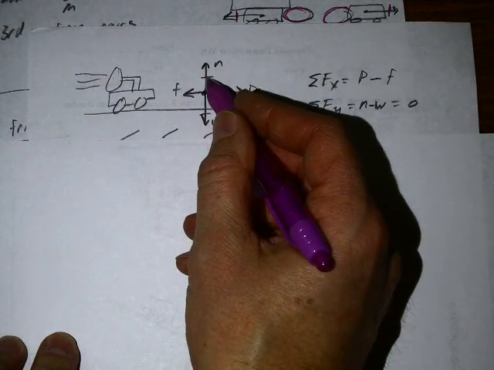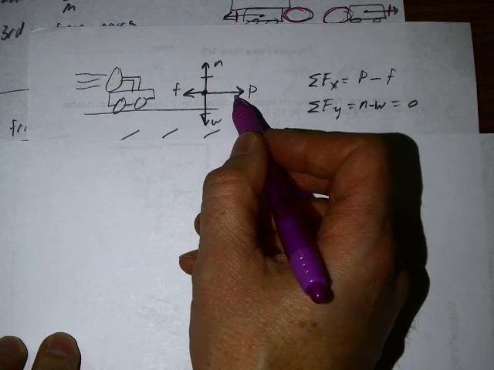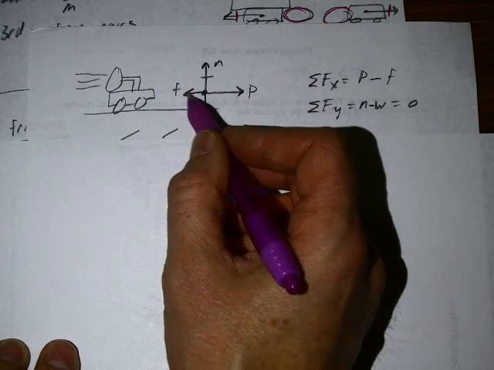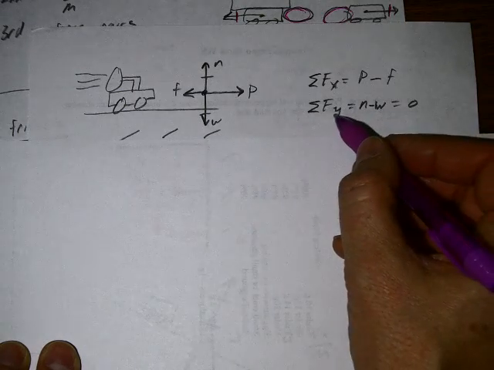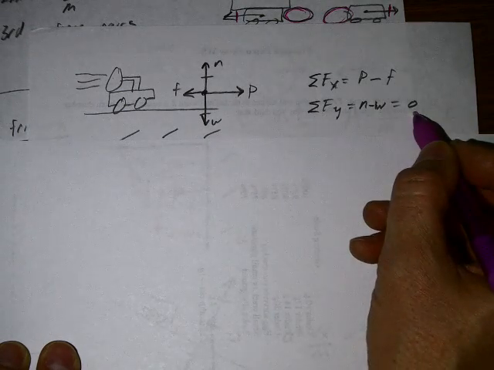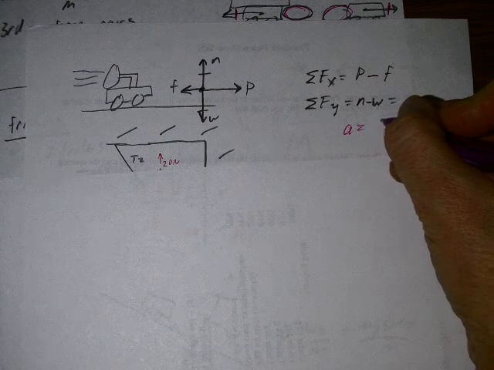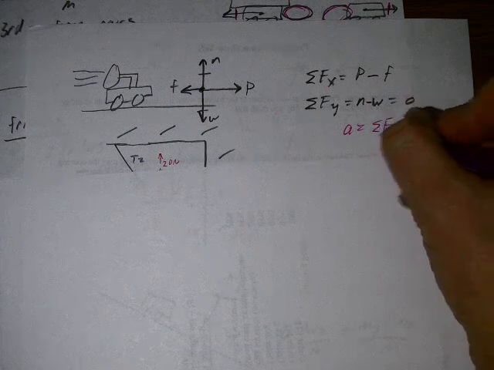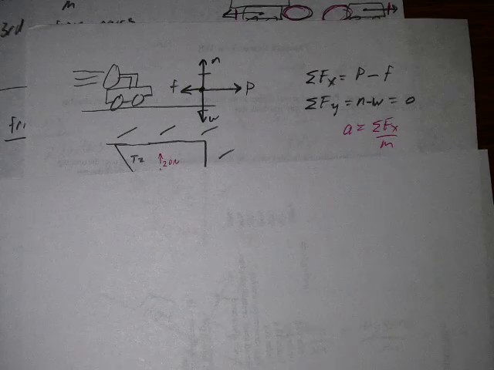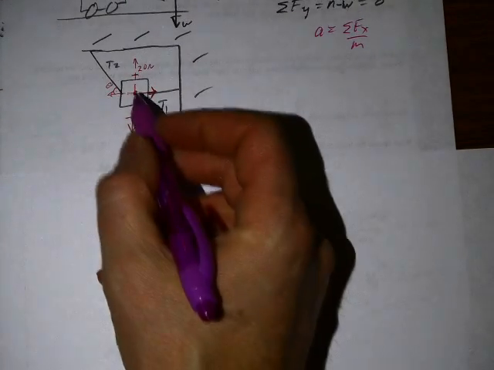You could recognize that these two balance and that the push is being eaten into by friction a little bit, or air resistance. So the sum of the forces in the y are 0, but in the x direction, subtract those two to get the net force. The acceleration then would just be that sum of the forces in the x divided by the mass.